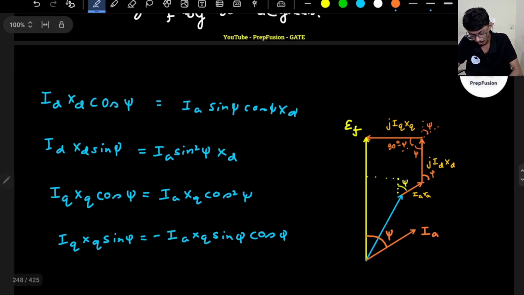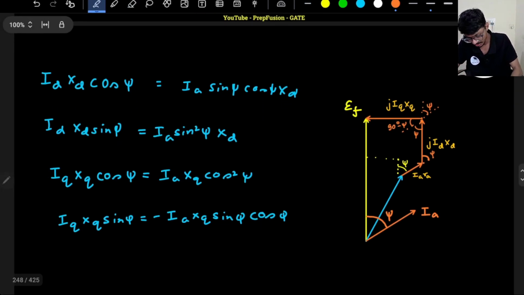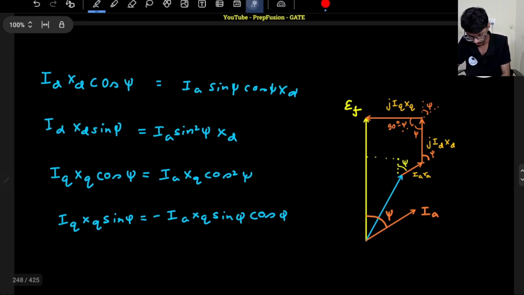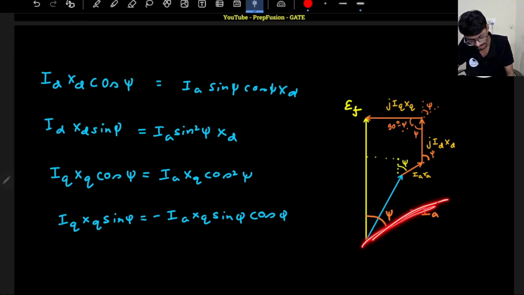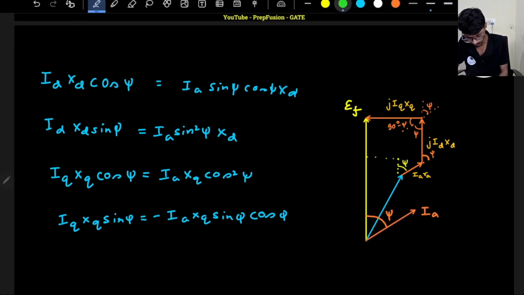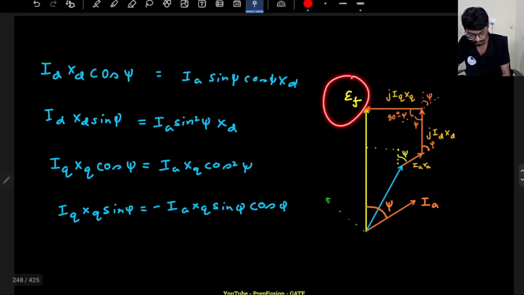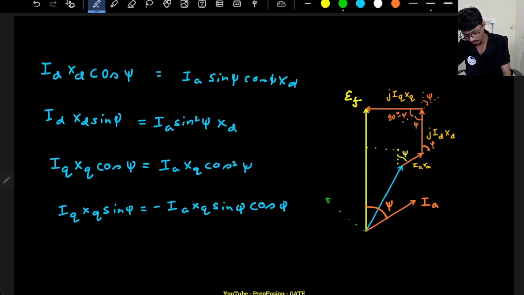Now I will break down the components. I want to write along IA and perpendicular to IA. For the EF portion, along IA, what is the value? That is EF cos psi. And perpendicular, what is the value? That is EF sin psi.